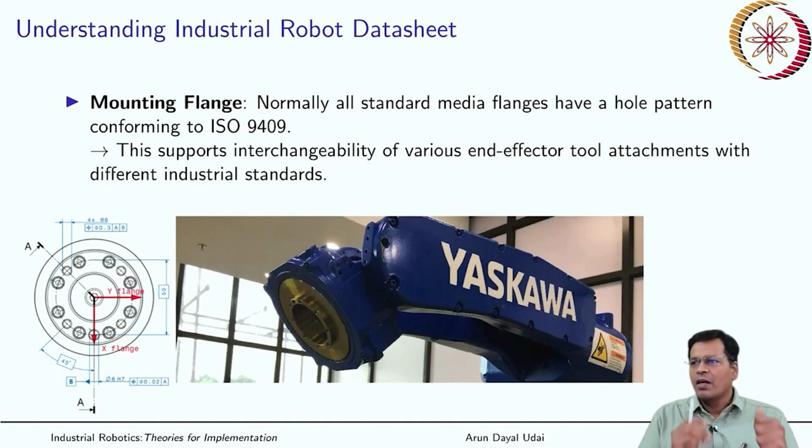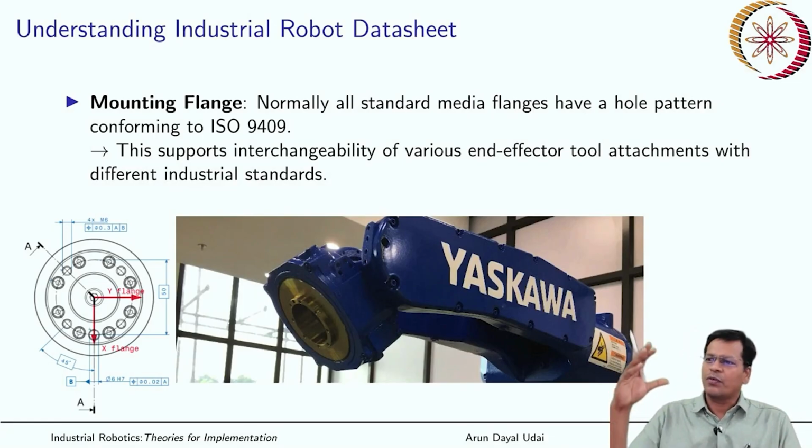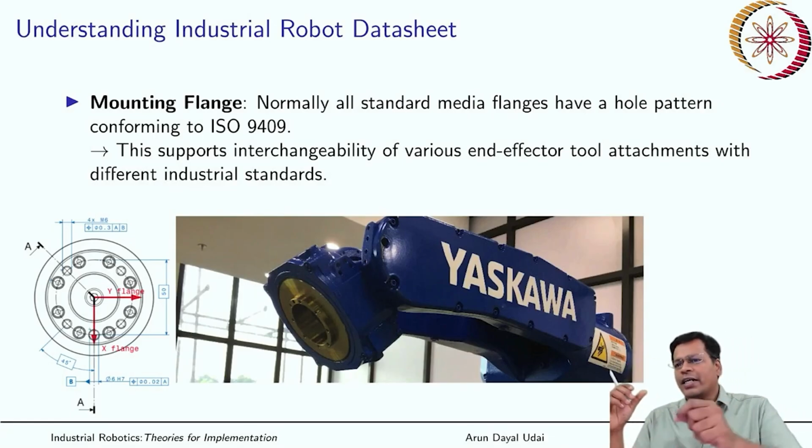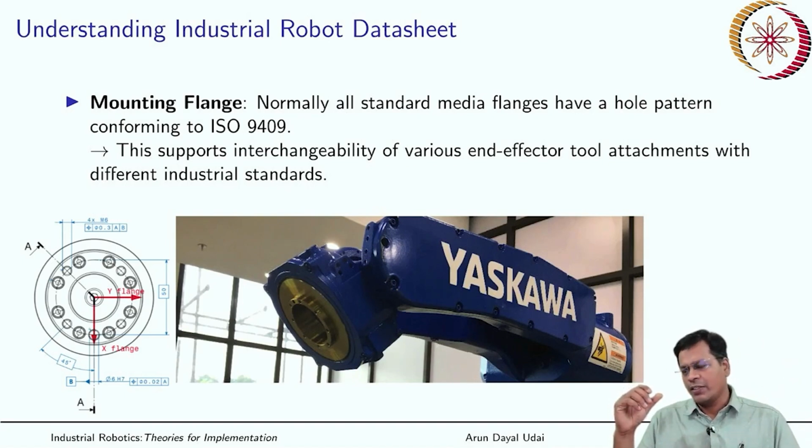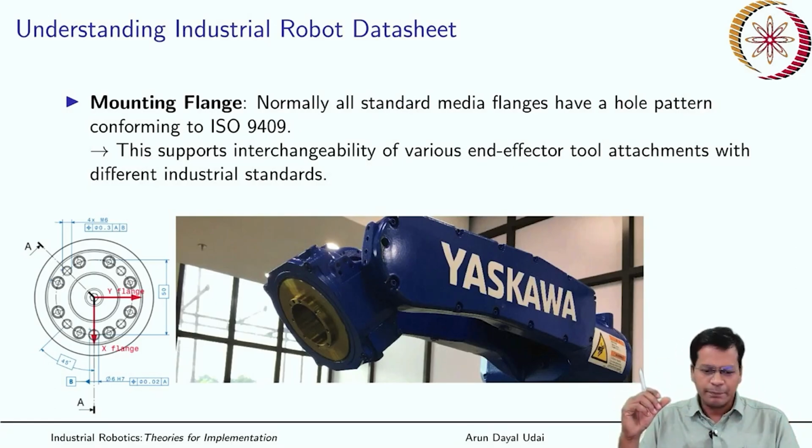They have to follow this standard, especially ISO 9409. They cannot have a proprietary standard for the flange so that only Yaskawa can design a 2-fingered gripper which will go on top of it. So you can pick up a Zimmer, you can fit an ATI or Schunk tool changer, you can fit even Schunk or any other make of 2-fingered gripper on top of this. You got my point, what I am trying to say.